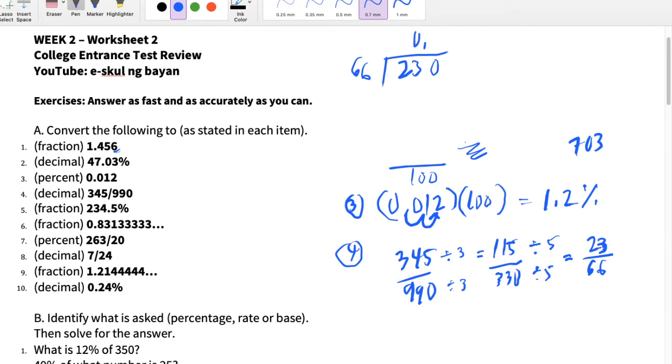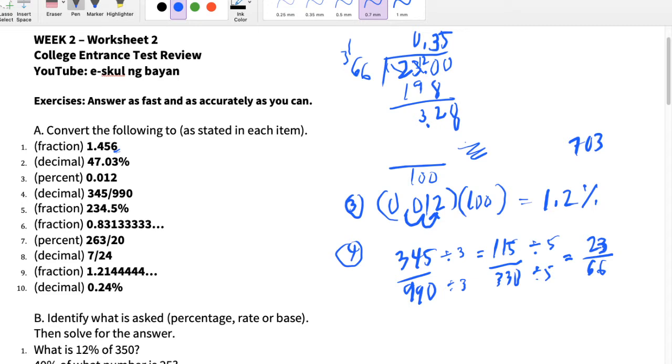So, 3 times 6, 18, carry 1, 3 times 6, 19. Okay? Subtract, magiging 12. 12 minus 9, that's 3. Add another 0. Ilang 66 meron sa 320? Approximately 4. Dapat less than 5, kasi 360. So, 5 times 6, 30.